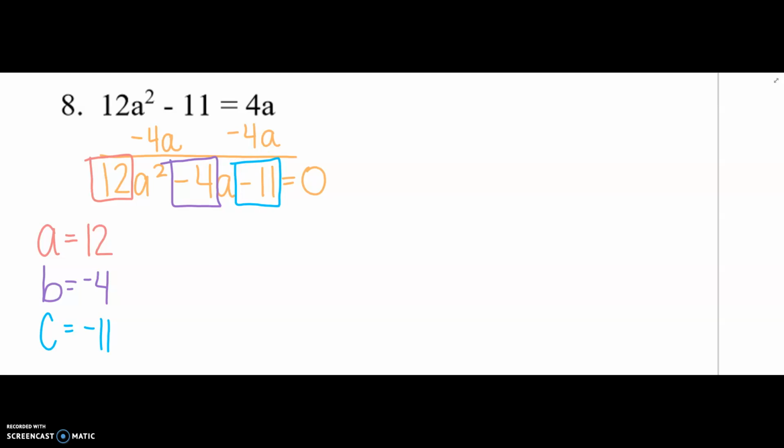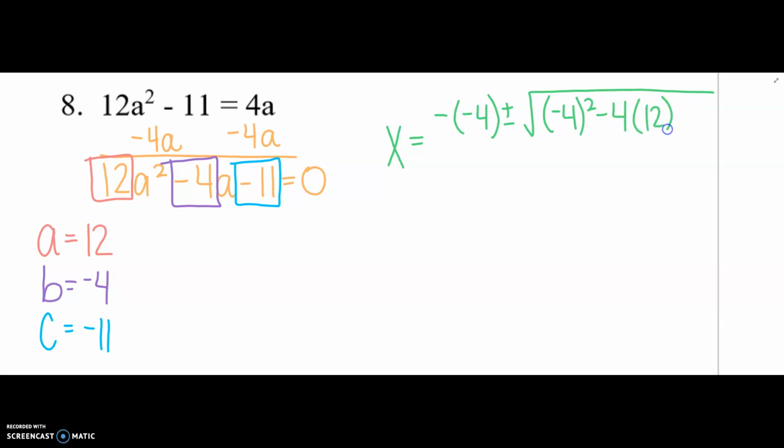And now I'll plug this into the quadratic formula. So I have x is equal to negative times negative 4 plus and minus the square root of negative 4 squared minus 4 times 12 times negative 11, all over 2 times 12.